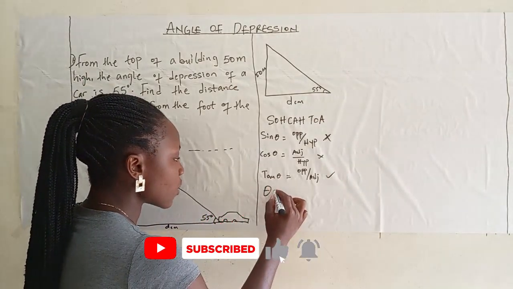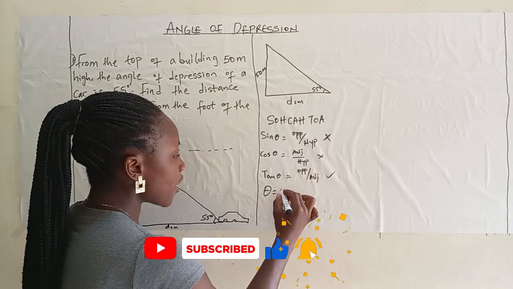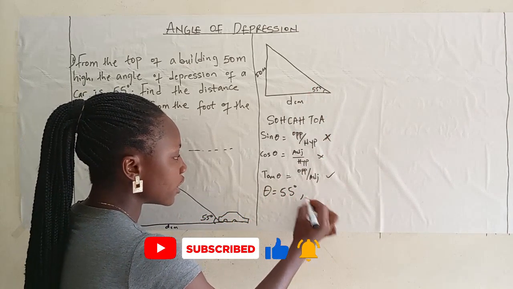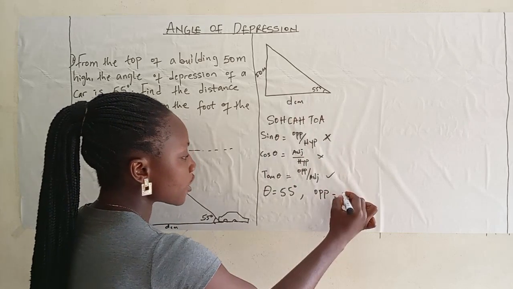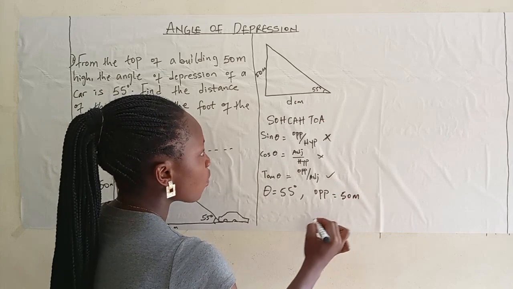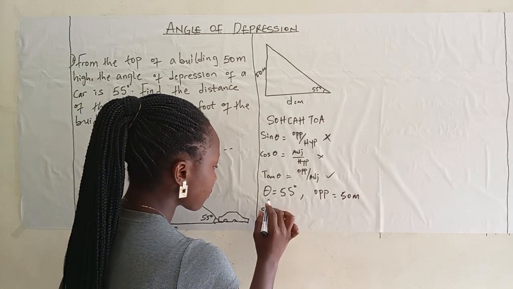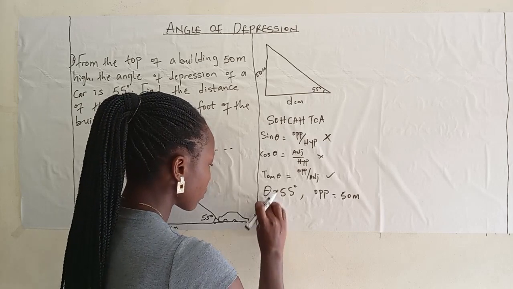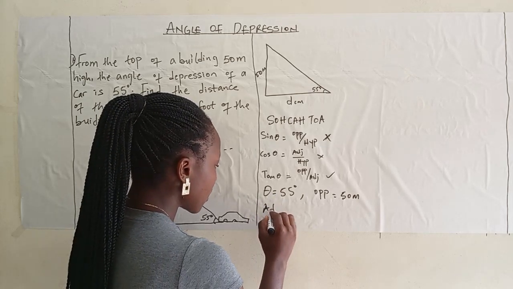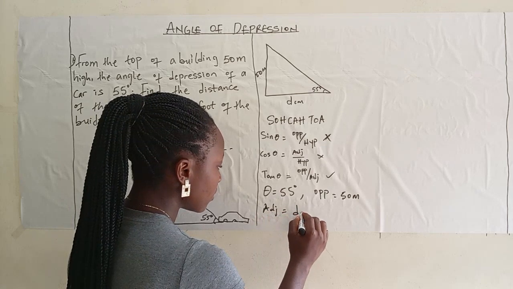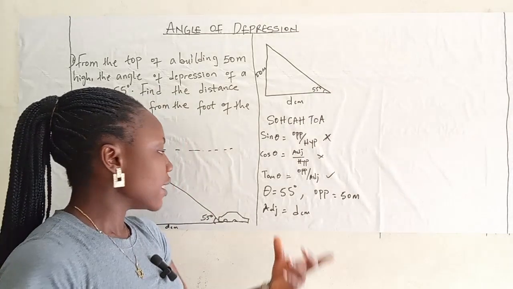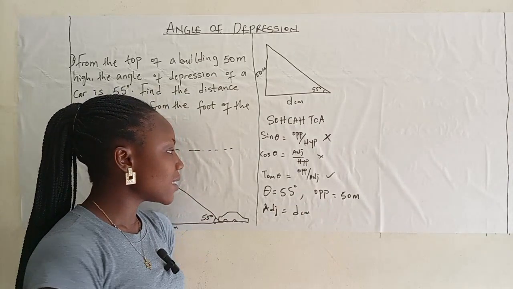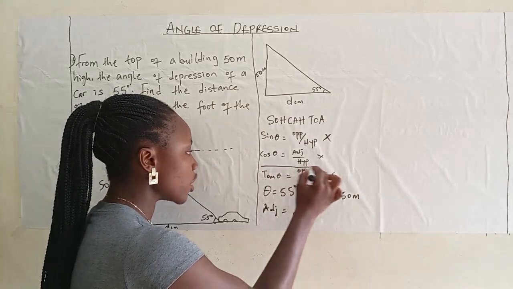Now, our theta is 55 degrees. Our opposite is equal to 50 meters, while our adjacent is equal to D. Now we are substituting these values into this equation.